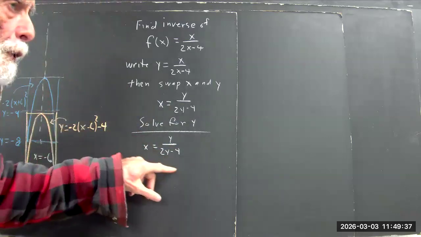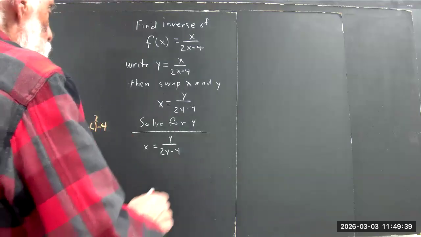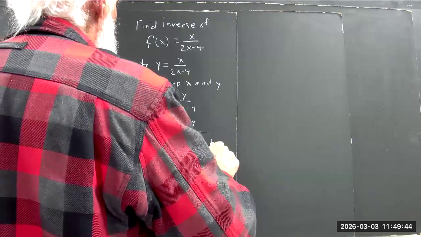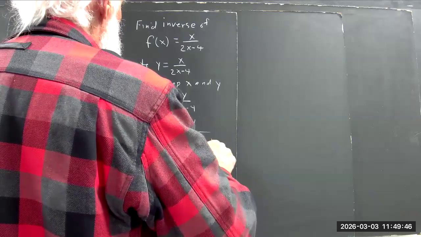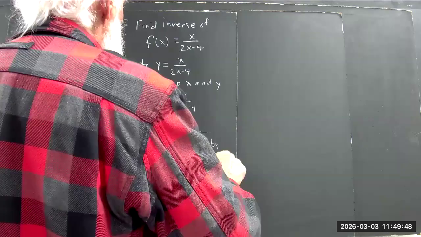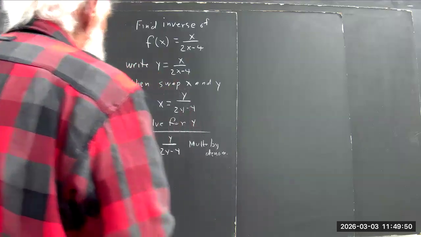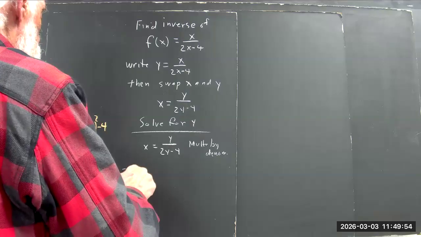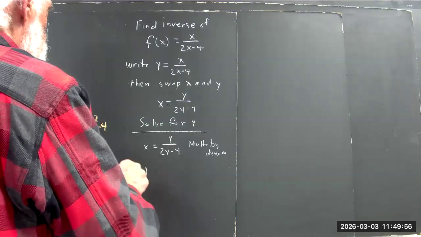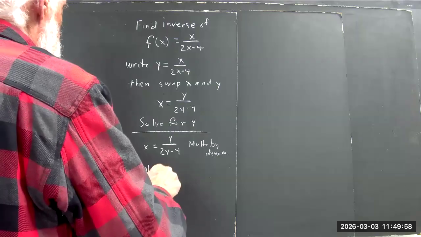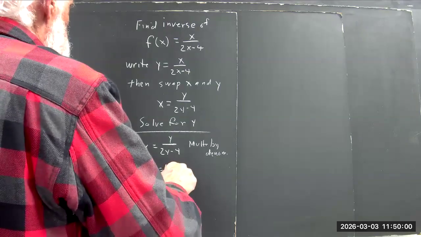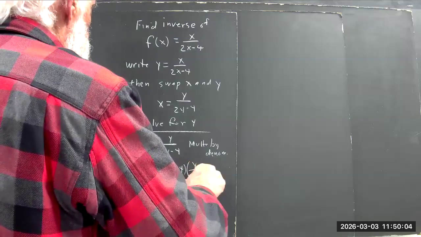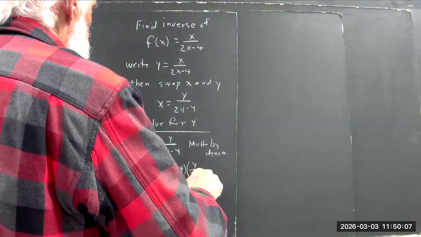We have a denominator, 2y minus 4. Multiply both sides by the denominator. So we do 2y minus 4 times x equals 2y minus 4 times y over 2y minus 4.